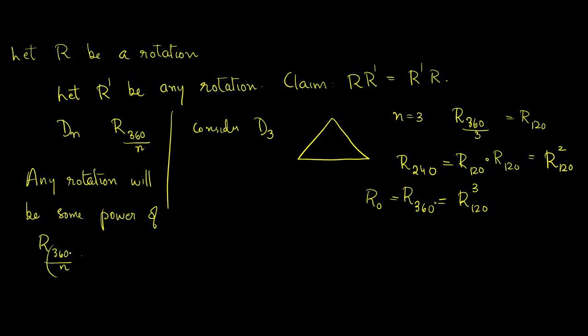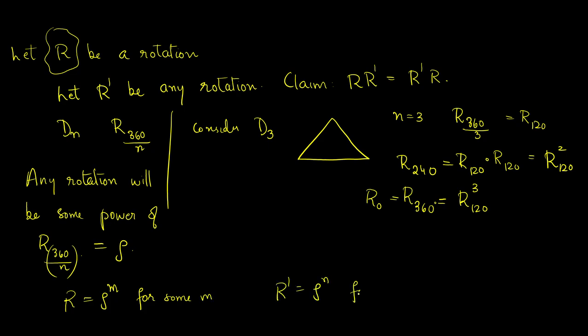Suppose I call it rho. Then this R which I had begun with will be rho power m for some m, and this R prime will be rho power n for some n.